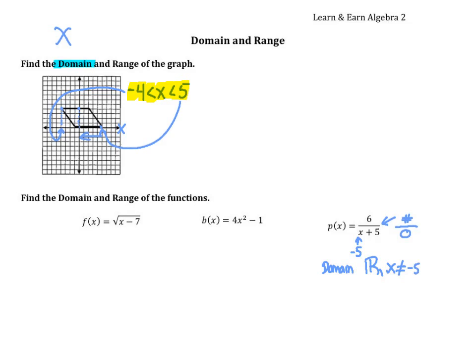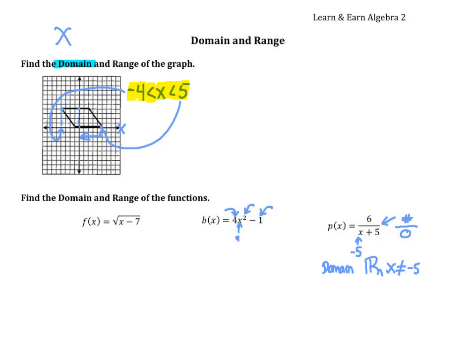Now take a look at the middle function. Ask yourself, what x values can I plug in, then square that number, then multiply by 4, and finally subtract 1. Which x values? I don't know, let's pick one. Let's pick 3.